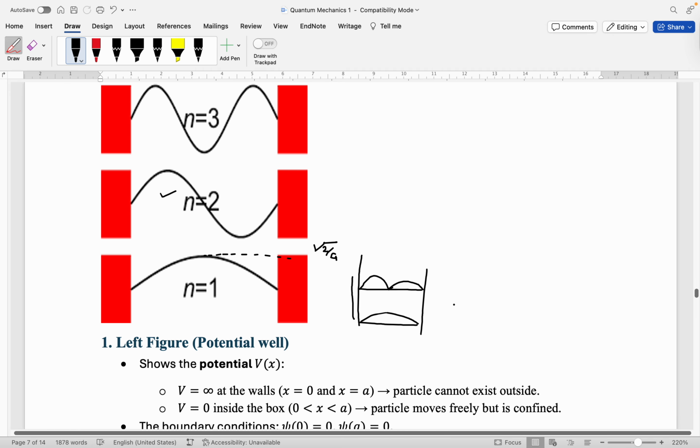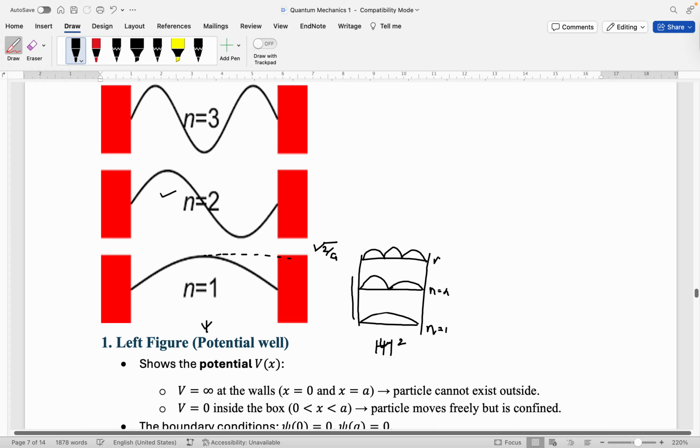So this would be n is equal to 1. This is n is equal to 2. This is for psi square, not psi. Psi square. This one is all for psi. This is psi. So if you go for n is equal to 3, it will be 1, 2, and 3.